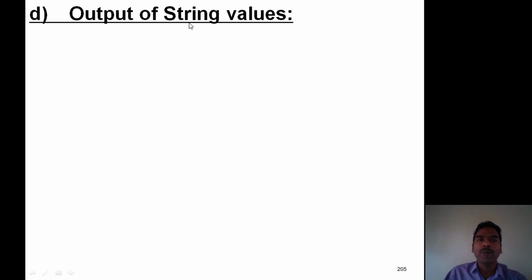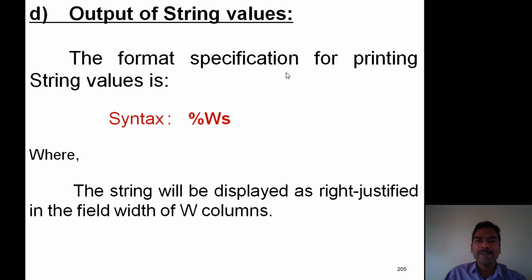Fourth one, output of string values. The format specification for printing string values is %Ws. The string will be displayed right justified in the field width of W columns.